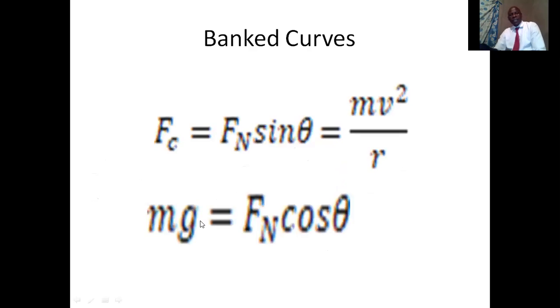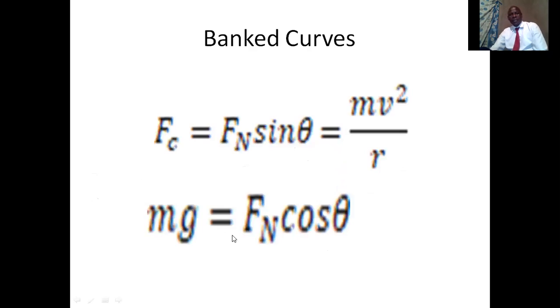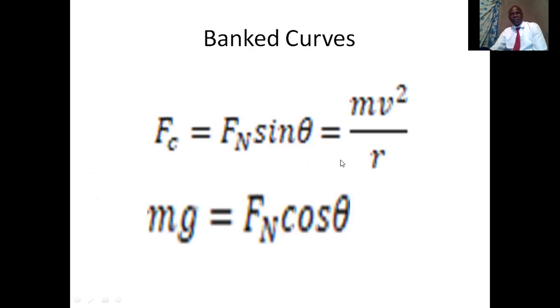And so we note that as indicated earlier on here, we said the centripetal force is equal to the normal force multiplied by sine theta, which is equal to mass times velocity squared over r, which is actually the centripetal force.